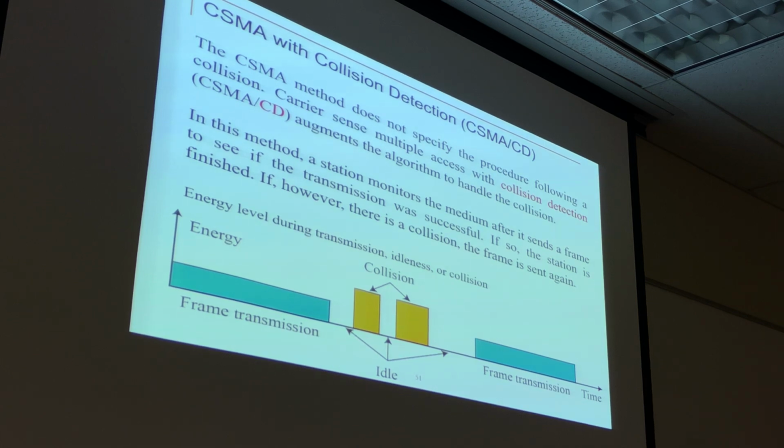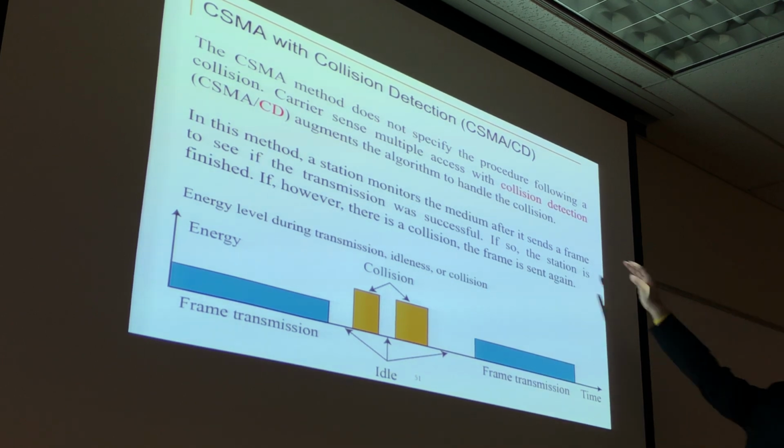But there will be ones and zeros. So plus 10 volt will happen sometimes. So if you sense at some point 10 volt or anything above 5 volt, which in a normal situation you shouldn't, you can guess there was a collision. And CSMA/CD, that stands for collision detection.